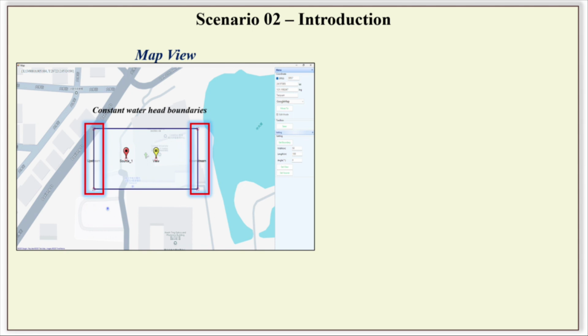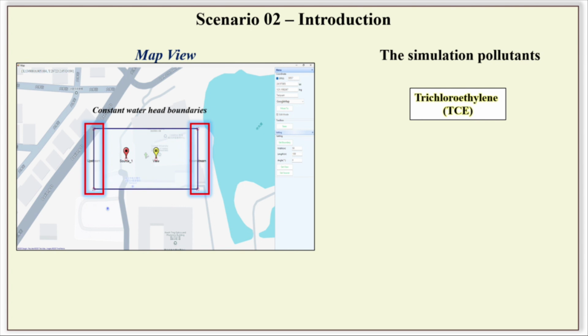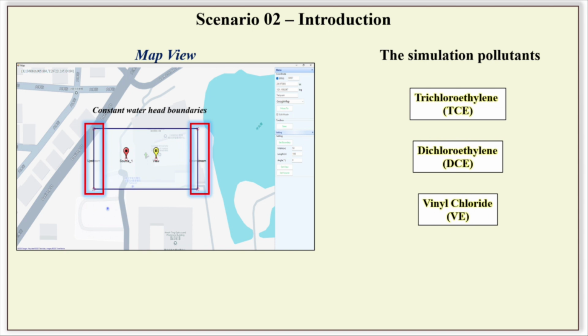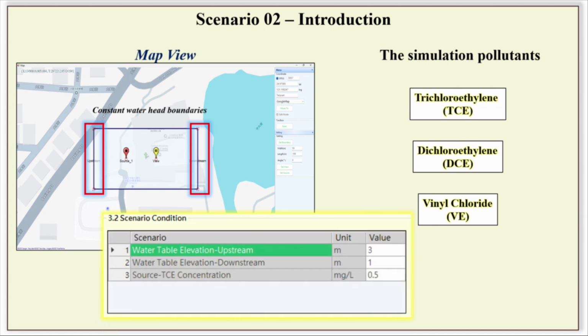data for configuration. The simulated pollutants are chlorinated solvents, including trichloroethylene, TCE, dichloroethylene, DCE, and vinyl chloride, VC. The model simulates dissolution, adsorption/desorption, and other geochemical reactions. Users can adjust the contaminant distribution at the boundary and modify the initial concentrations.